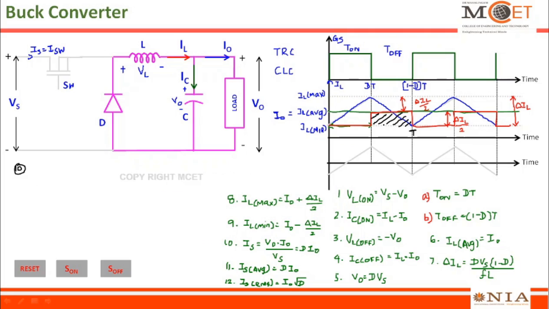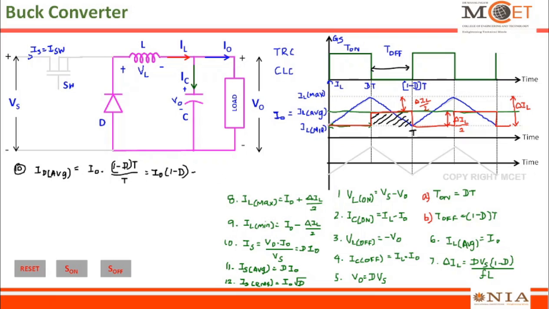This is I0 multiplied with (1 minus D) into T. This (1 minus D) into T is only the T off, not the total T. So I can calculate I diode average as the current I naught into the duration of the current, which is (1 minus D) into T. This is the duration for which the current flows through the diode, divided by the time period T. So this becomes I naught into (1 minus D).